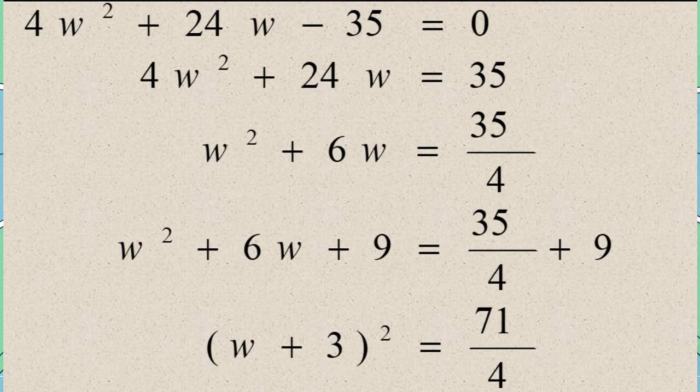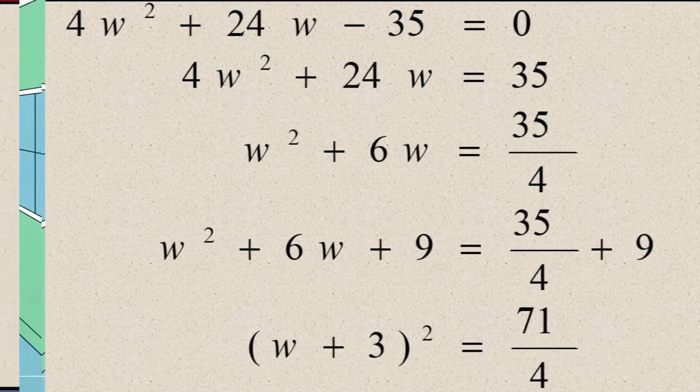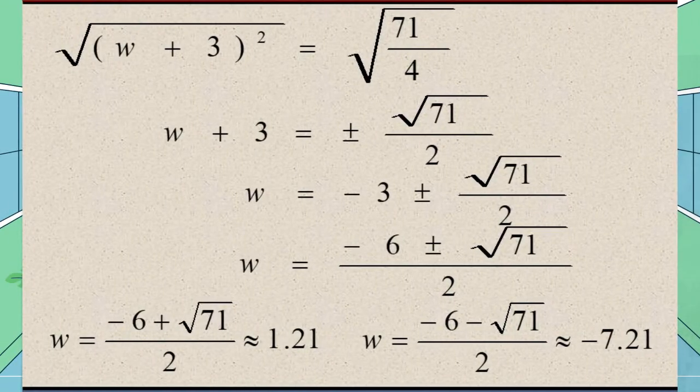Then, express the left member as a square of binomial and add 35/4 and 9. It will yield to the square of W plus 3 equals 71/4. Extract the square root both sides. The answer is W plus 3 equals positive or negative the square root of 71 divided by 2.